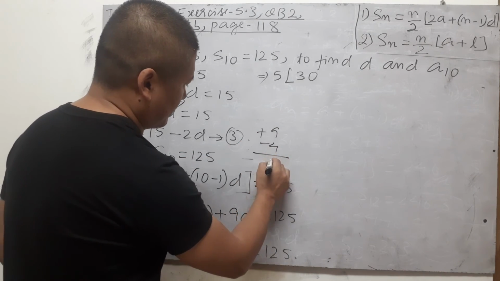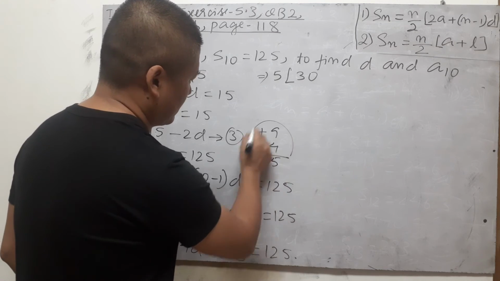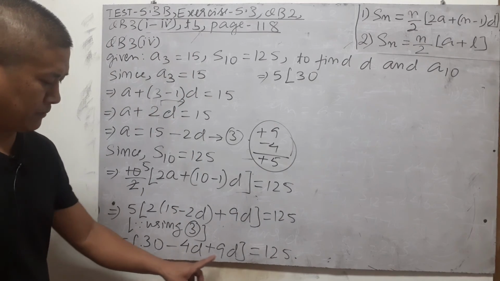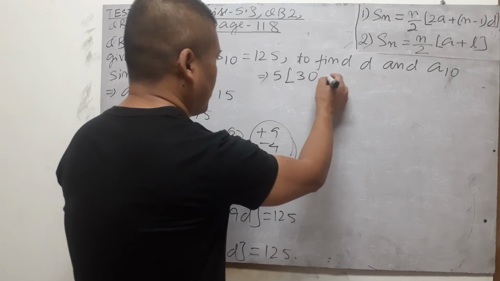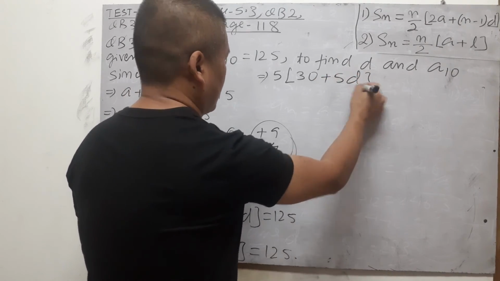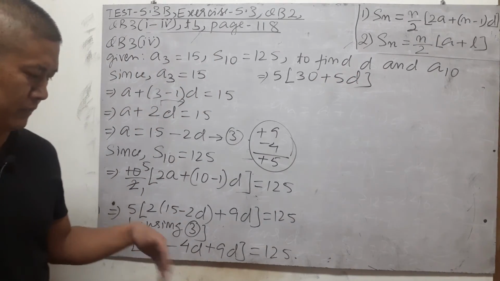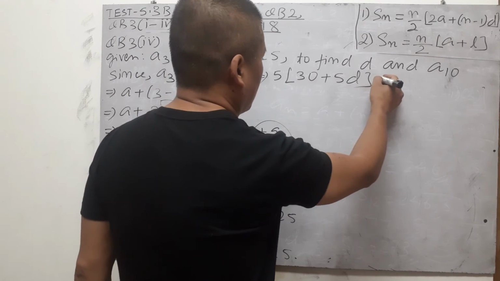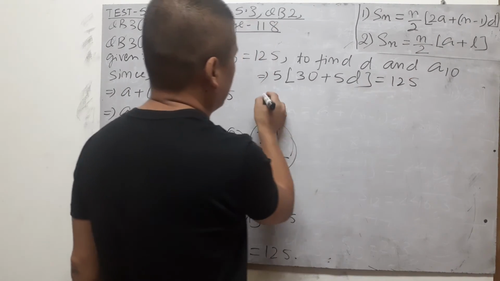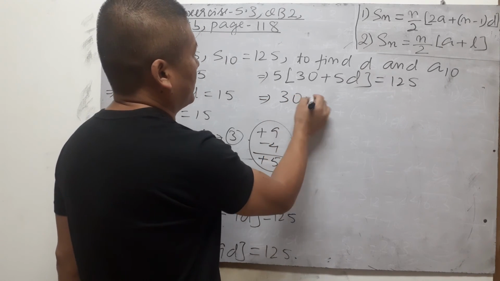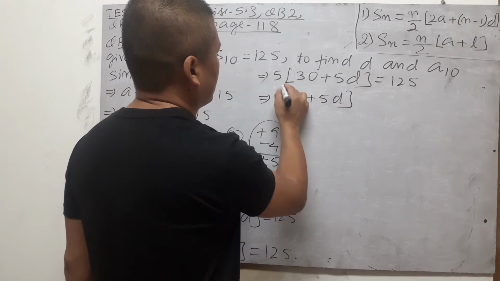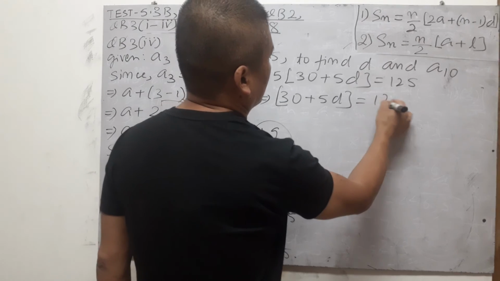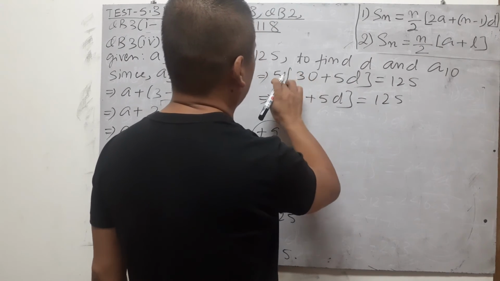Subtraction, so 9 minus 4 is 5, bigger one plus, so minus 4d plus 9d will be plus 5d, because minus 4 plus 9 is plus 5, equal to 125. So 30 plus 5d, equal to 125.